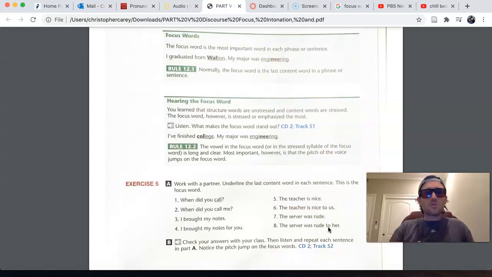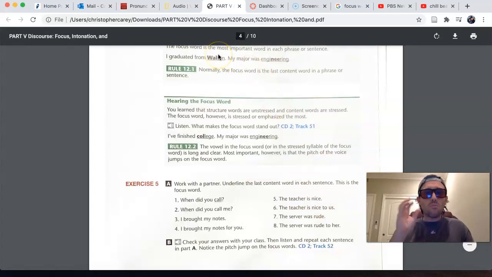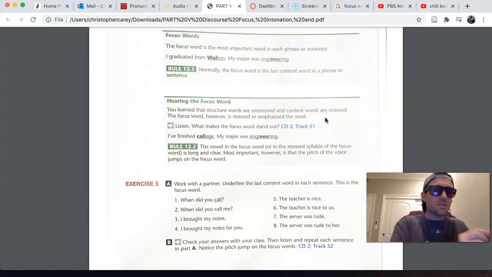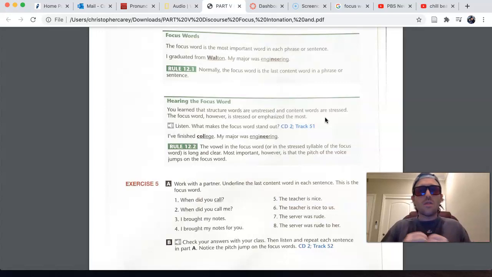So just to summarize, focus words are the most important words in the sentence. We talked about structure words being unstressed, content words being stressed, and the focus word being a type of content word. The focus word is what we consider to be the most important word, and that's why that syllable in the focus word is long and clear, so you can hear it very well.